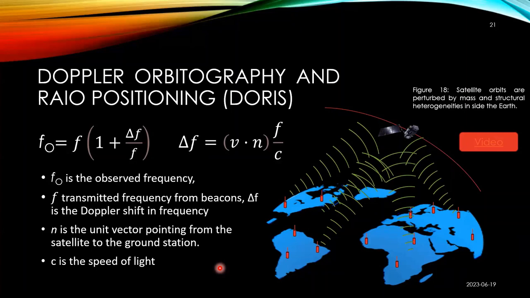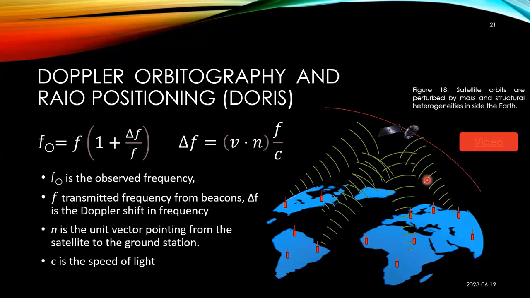But in the DORIS system, it is a little bit different because the source is constant on the ground, on the earth. You see these antennas down on the ground; these are constant, they are not moving, but it's the satellite which is moving. When the satellite gets closer to the beacons, the frequency increases, and when it goes far from them, it decreases.